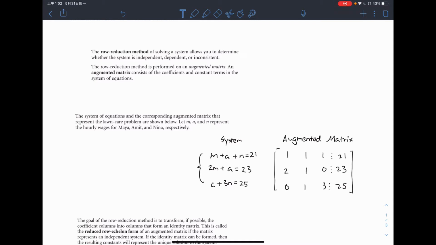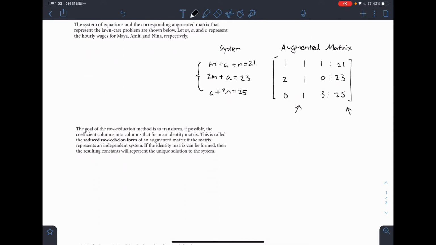And for the augmented matrix, the coefficients are 1, 1, 1, 2, 1, 0, and 0, 1, 3. And the constants, which are on the right side, are 21, 23, and 25.